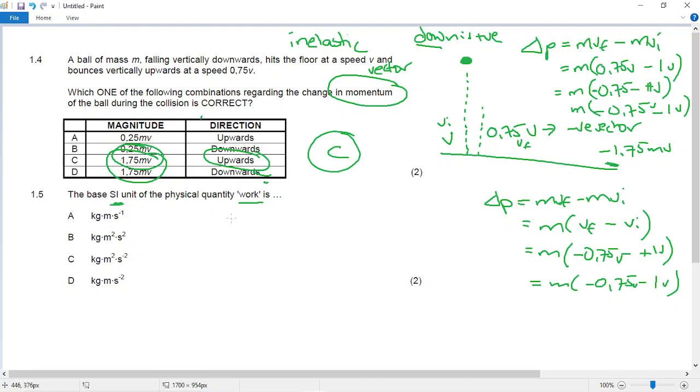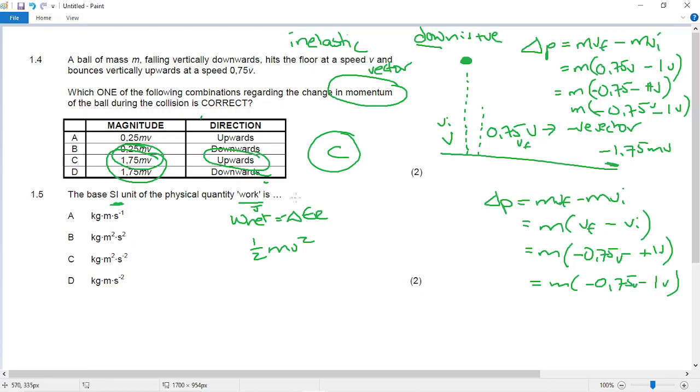I kind of like W net equals delta EK. So I'm going to use the formula for EK, because EK is a half mv squared. So this is what the formula is. The left-hand side must equal the right-hand side.